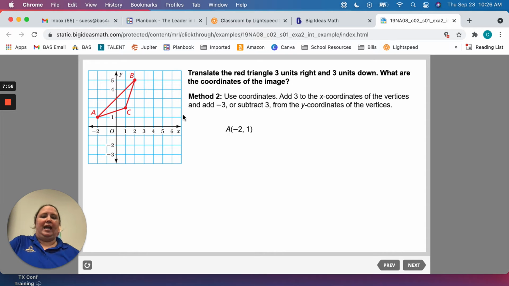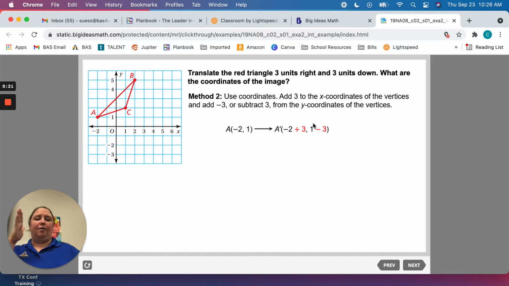All right, so for A, here's our A point. We're at -2, 1. So for the x value, what are we adding? 3. What are we doing for the y value? -3. So for the new x, we have to do -2 plus 3.